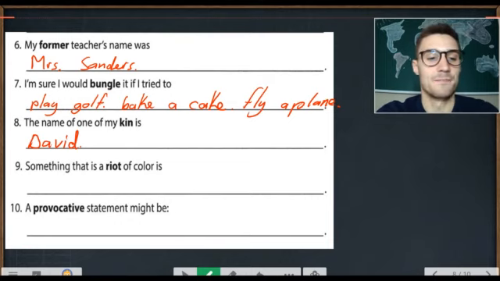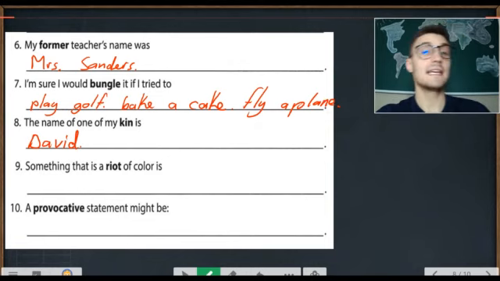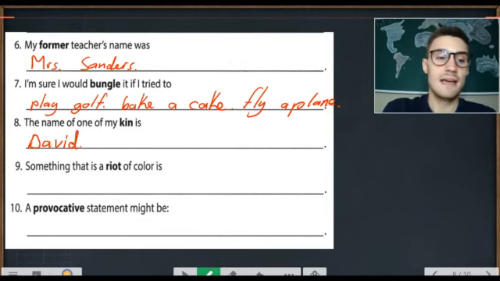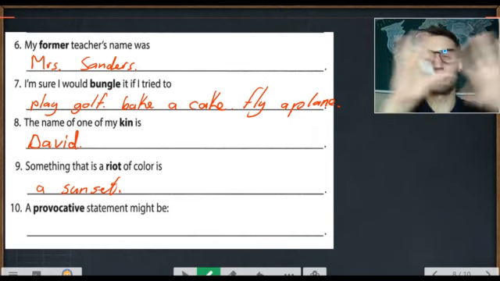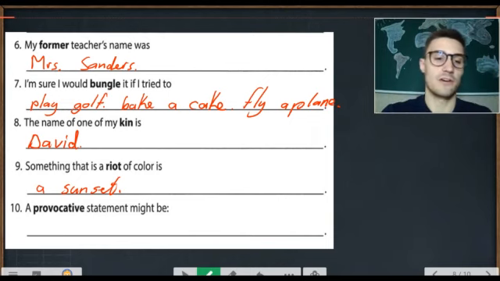Number 9. Something that is a riot of color is what? A sunset. When the sun sets, there are many beautiful colors, just a mixture of colors. Number 10.